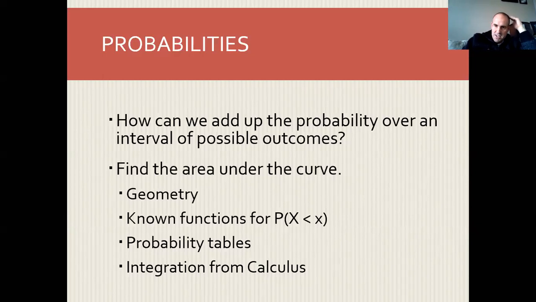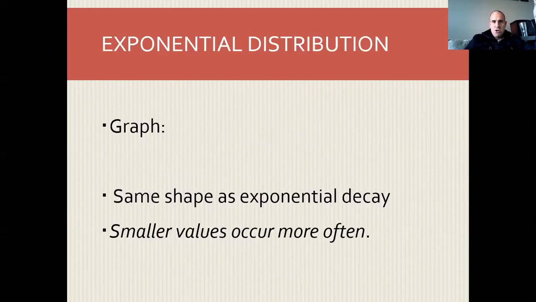Eventually we'll see probability tables, although that's becoming an obsolete tool because Excel is so powerful now and so readily available to everyone. Integration is the tool in the case of continuous random variables, whereas in the case of discrete ones, we were adding probabilities together. We had sums.